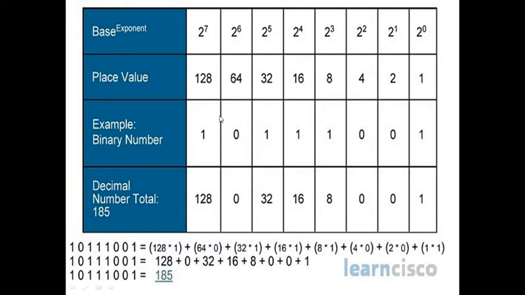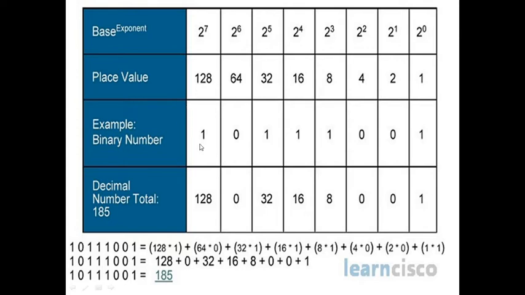Once the weights are assigned, you can see here the number is 101111001. Then you just have to keep on multiplying. That is, 128, the weight of it, multiplied by 1, plus 64 into 0, plus 32 into 1, plus 16 into 1 and so on.